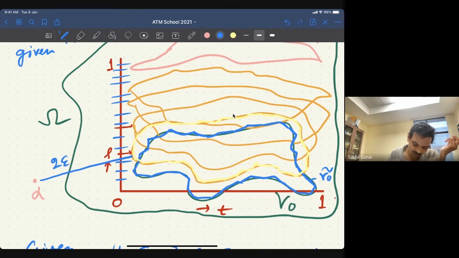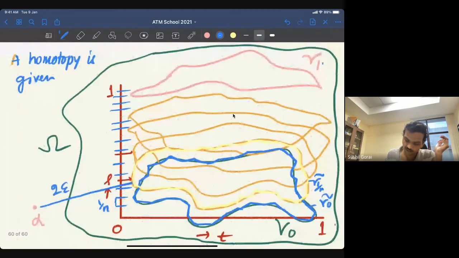So each piece is 1 over n. You can make n larger to get this smaller, right? So this curve, the green one, let's say is gamma 1 over n tilde, and so on, and here you get correspondingly gamma 1 tilde.